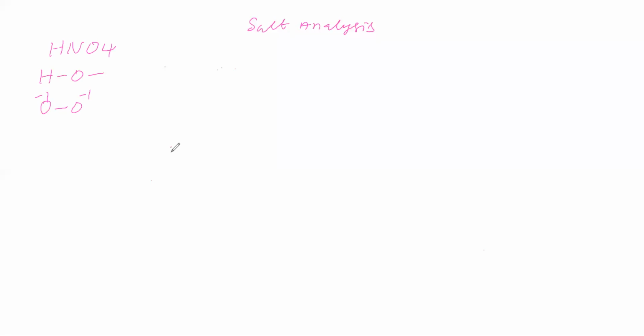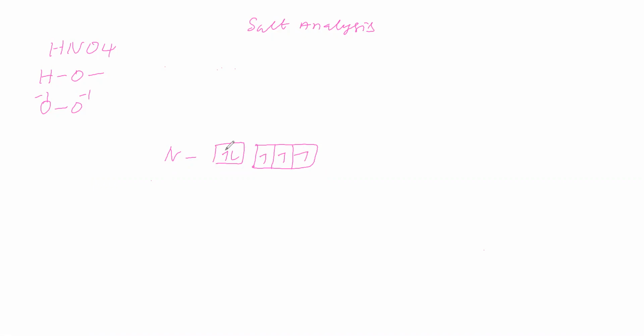Nitrogen electronic configuration is helium 2s2 2p3. Now oxygen we have to give. Nitrogen is making 3 normal covalent bonds and 1 dative bond.